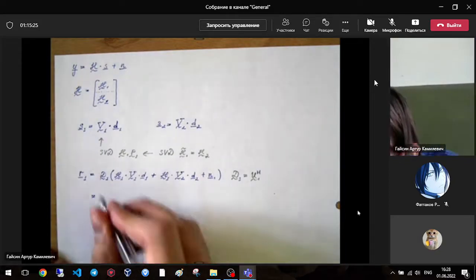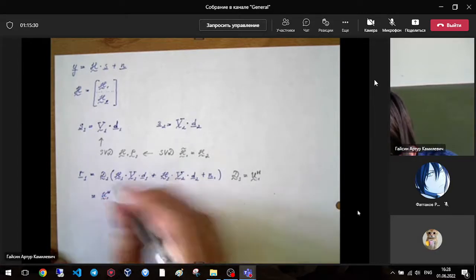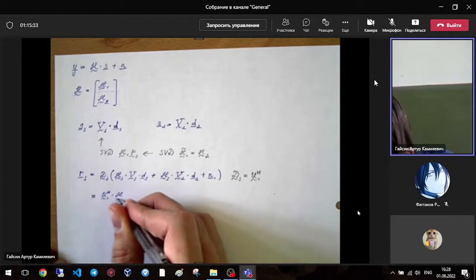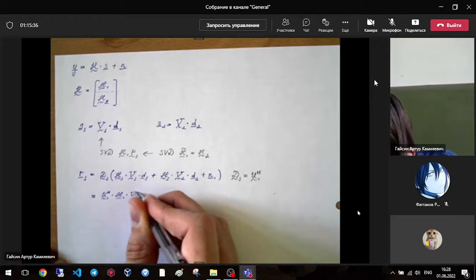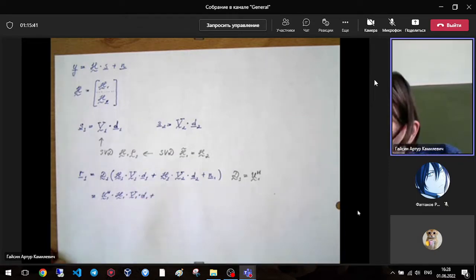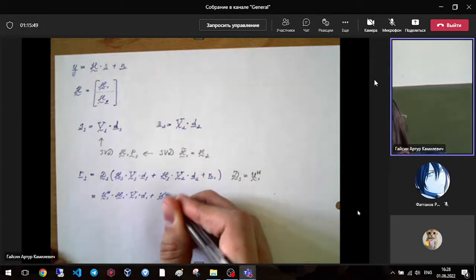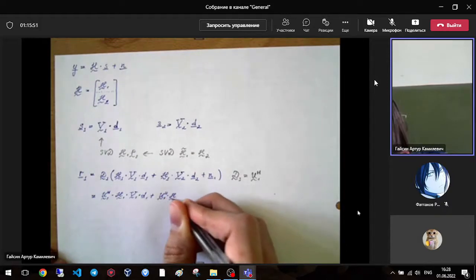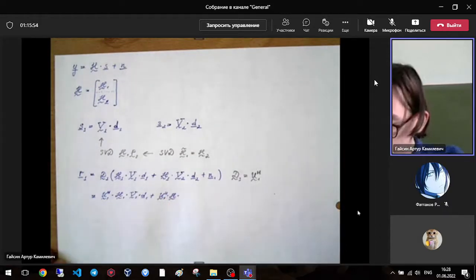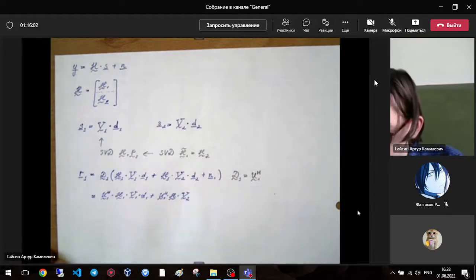So next, we write U1 Hermitian times H1 times V1 times our transmitted data, plus the same equalization or decoding matrix multiplied by the same channel, but in this case with the transmitted signal to the second user with its precoding matrix.